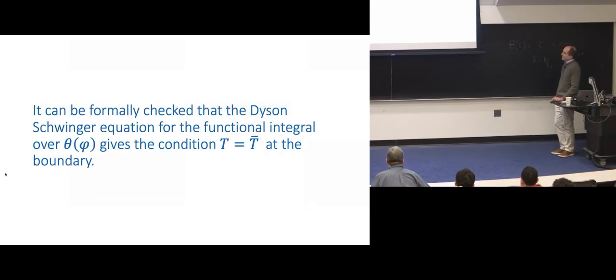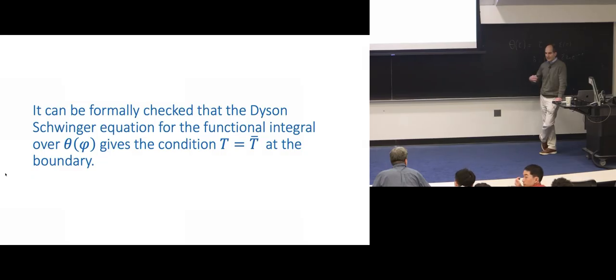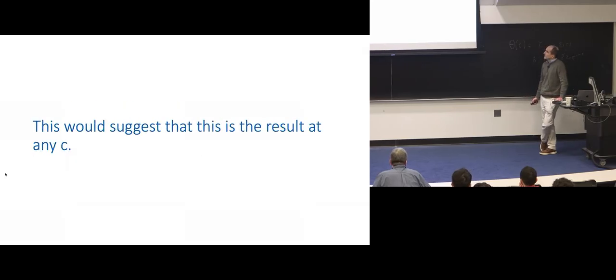Now, can we justify this exact answer a little more? We can. The Schwinger-Dyson equation for this functional integral, in the regime where we neglect the Schwarzian, imposes this condition at the boundary. So we expect that we should get this Ishibashi state discussion, and this would suggest that this is the result at any c.